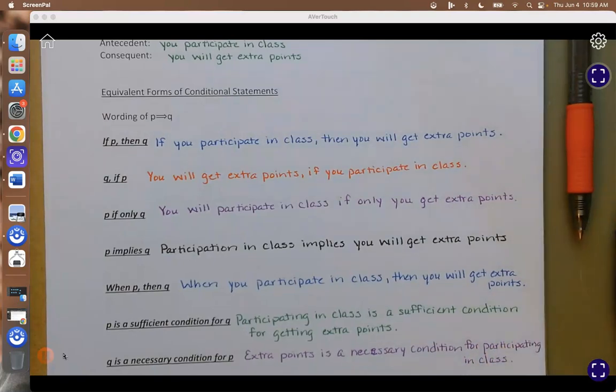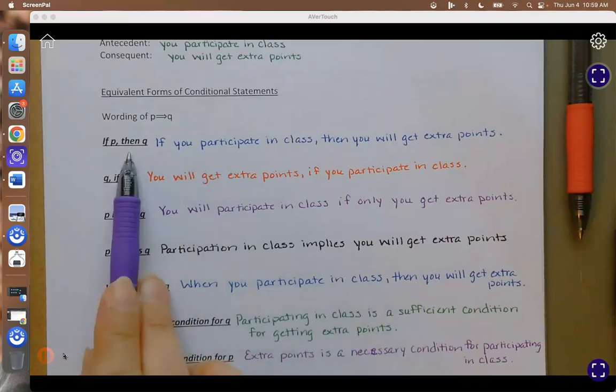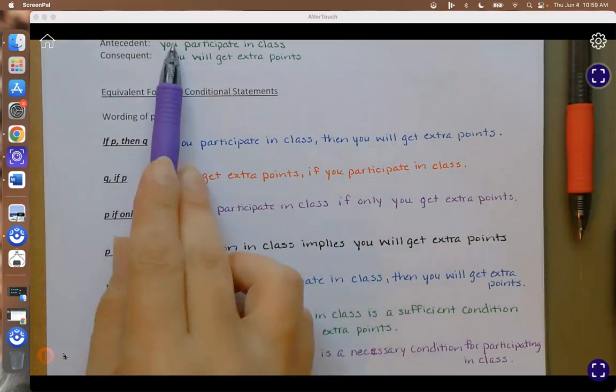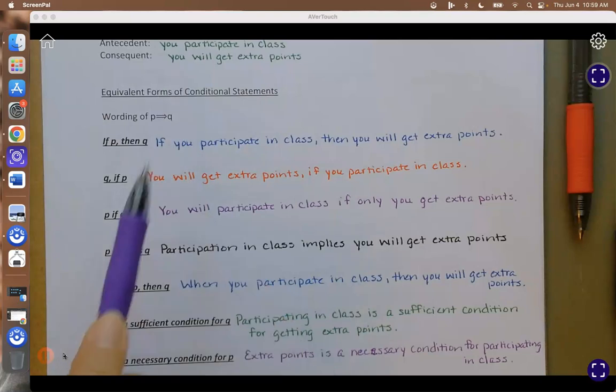Okay, and that wouldn't be very hard if they gave you the form and you knew the antecedent and the consequent, then you can very easily create those forms.